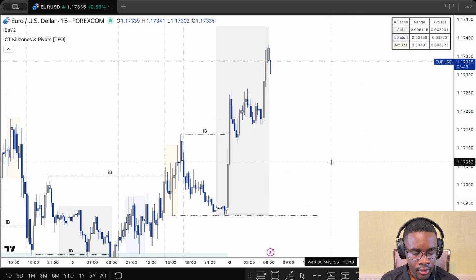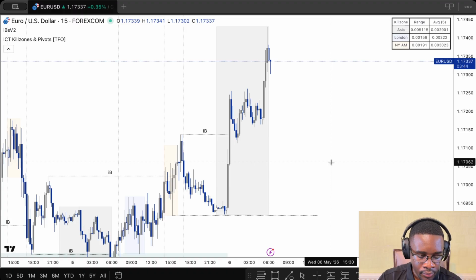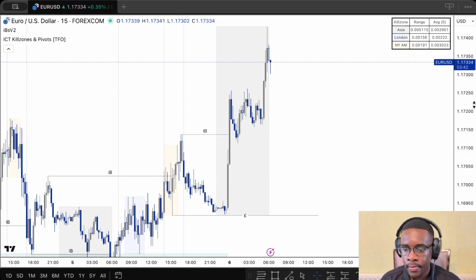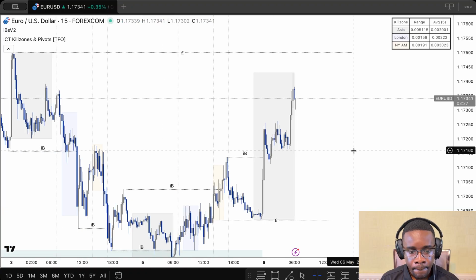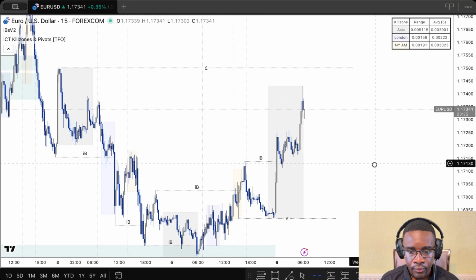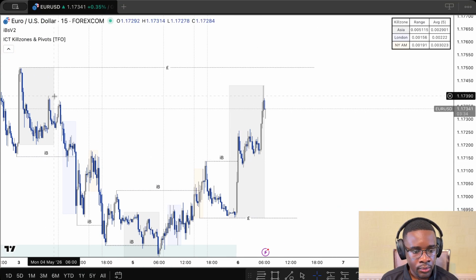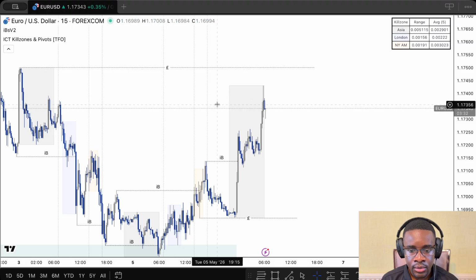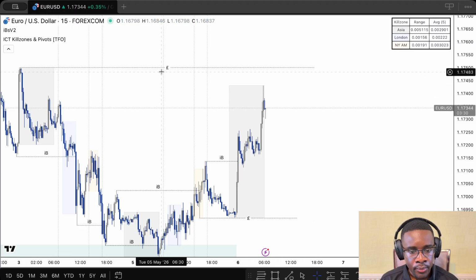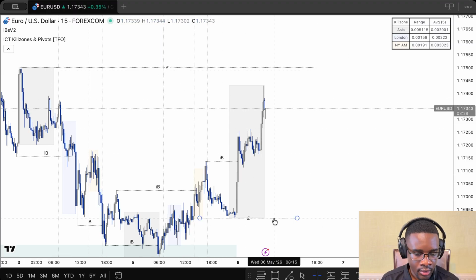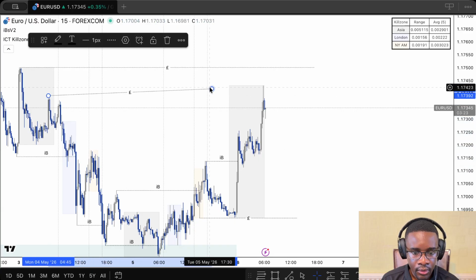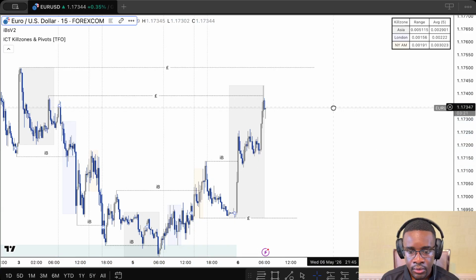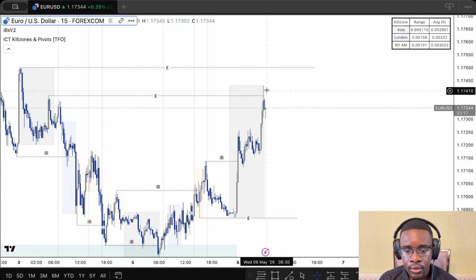However, whether price will do that to come back from where it is, what we have seen is at the moment price has already taken these highs.